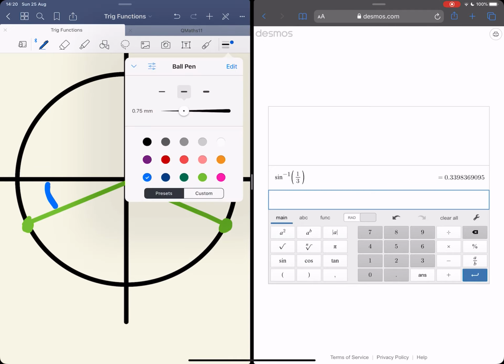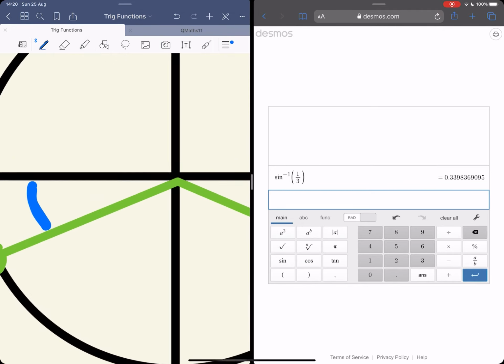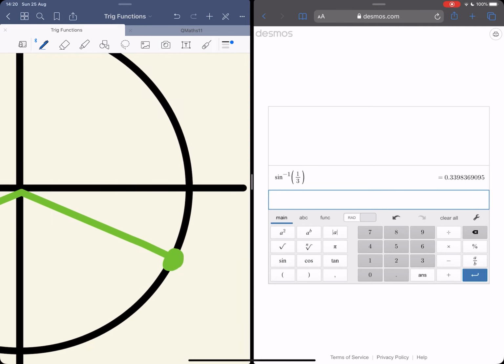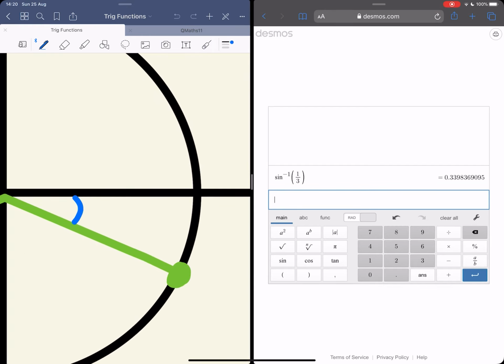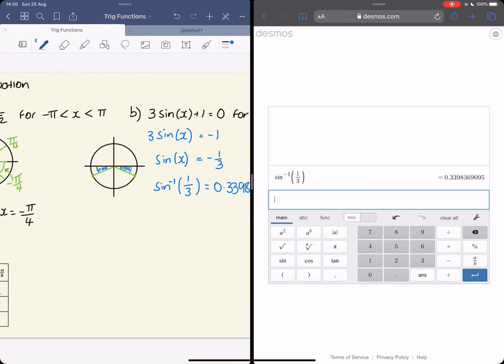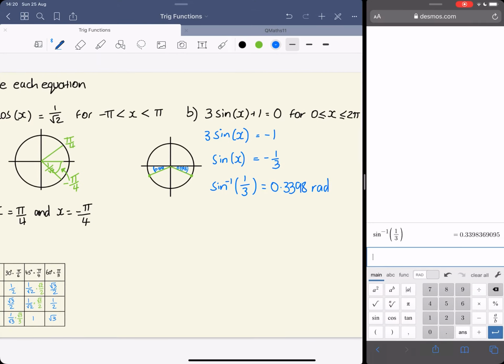I'm going to write it in really thin font here. And then here is also the same thing, 0.3398.